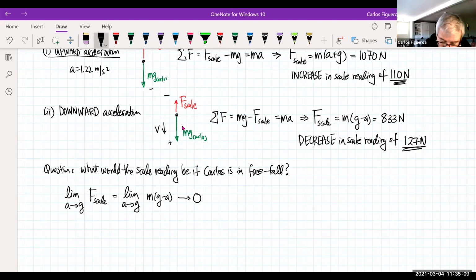So what does this mean? How can a scale reading be 0?